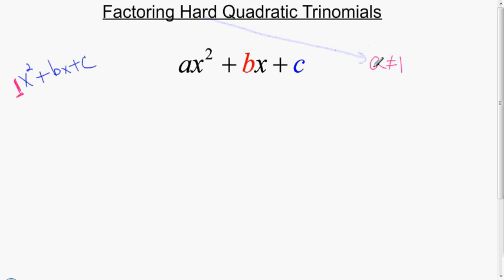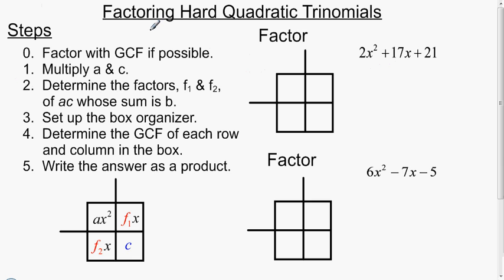Okay, let's just jump into some examples here, and I'll review the steps that I've listed out for you. They're listed here. Again, step 0, as is the case in all of our factoring problems, is to factor with GCF if possible. We always want to look to do that first.